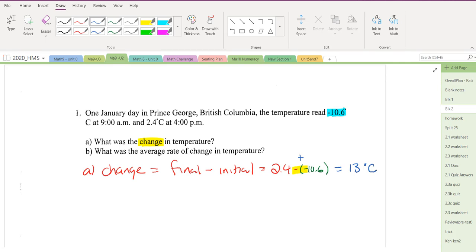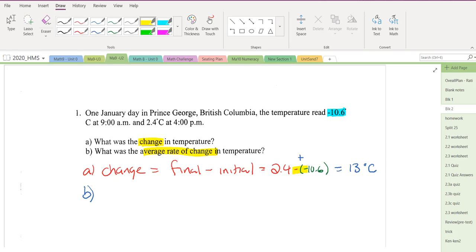Now, B brings up another term that's used in science quite a bit and in math. It says, what is the average rate of change? When you see the words rate of change, we talk about that in science a lot because that's how you measure how fast reactions go, how fast things change.